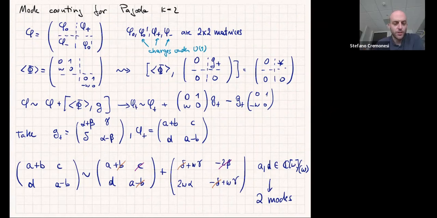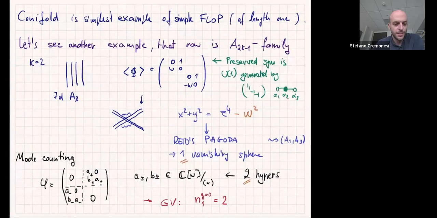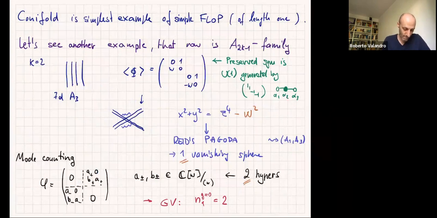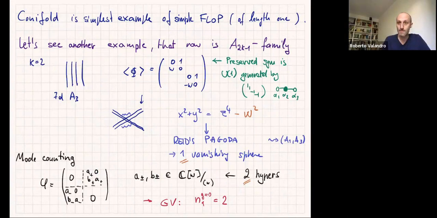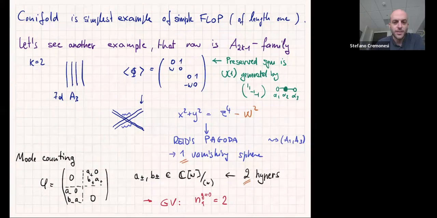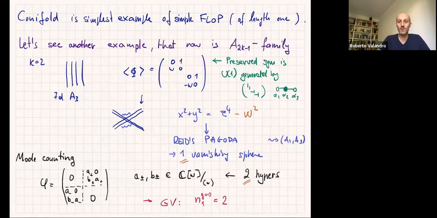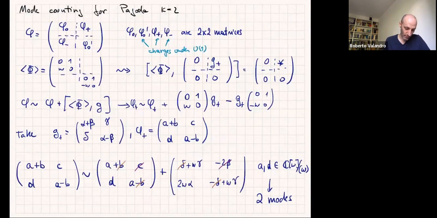Hi, Roberto. Can you go back to the previous slide? Yeah. Can you explain the asymmetry between A and B? I mean, these are the two hypers, right? Yes. Why is there an asymmetry? Is there a simple way to understand that? I would say it's just because I write this in this form.